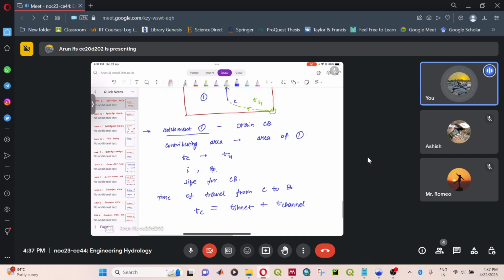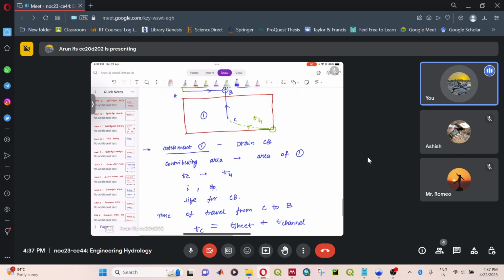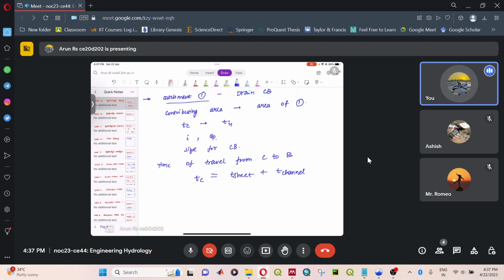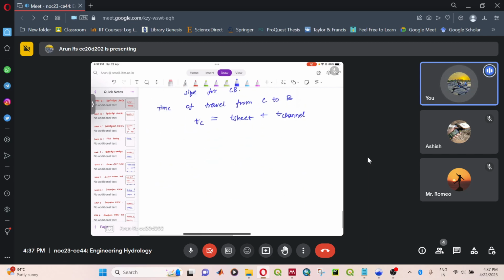So whatever time Ti1, that can be considered as the time for sheet flow, and from the point C to B, it is going to travel in a channel. So that will come as the channel flow. Now we can calculate the channel flow for the catchment 1.